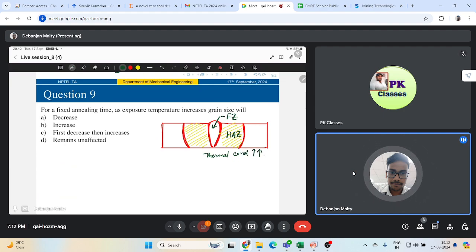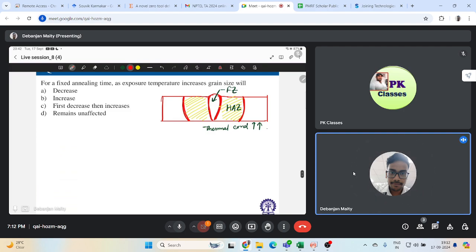And this I am talking about where thermal conductivity is higher compared to that. If I am talking about low thermally conductive metals, in low thermally conductive metals, my fusion region will be high enough.